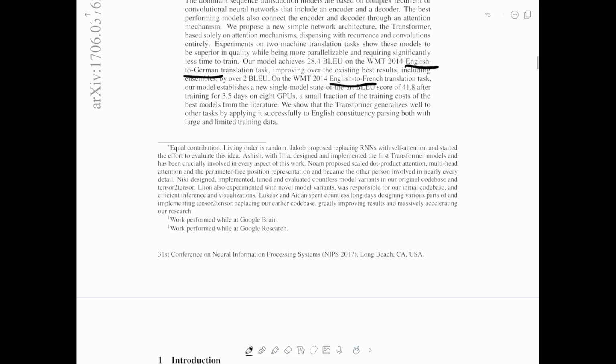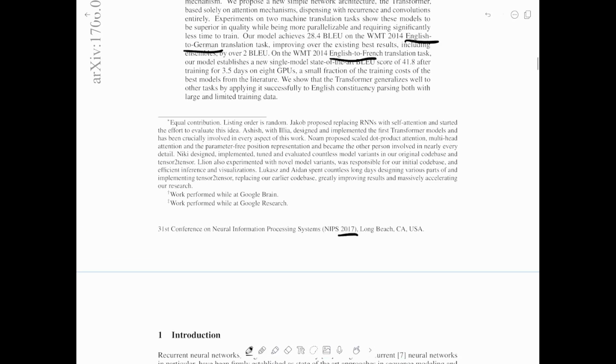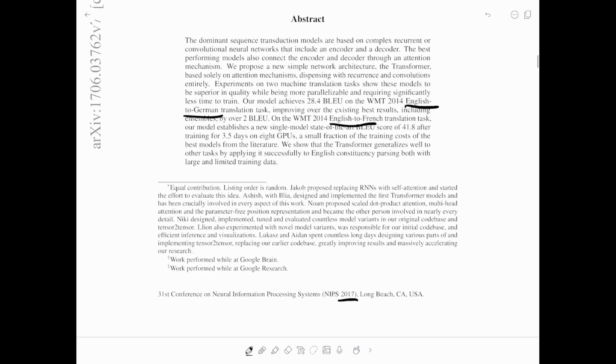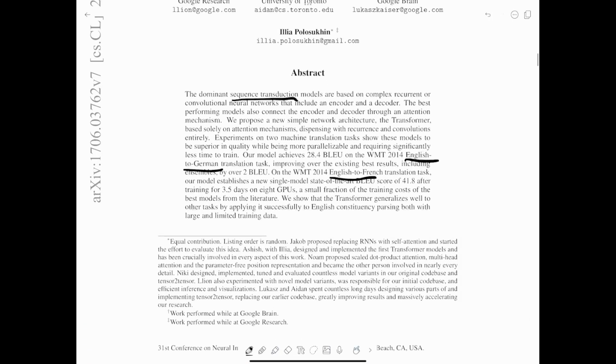Now what happens after 2017? You can see that this paper was published in 2017. What happened afterwards is that people realized that this model architecture was good not just at machine translation, but at all general sequence-to-sequence tasks. And so here you see the term sequence transduction. This just means converting a sequence to another sequence or possibly any other form.